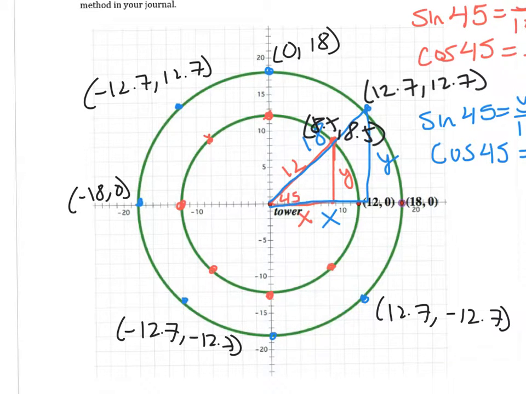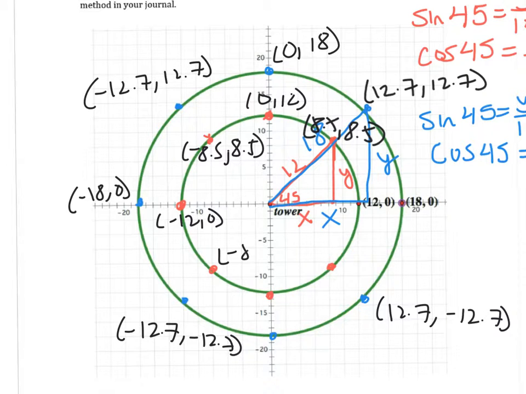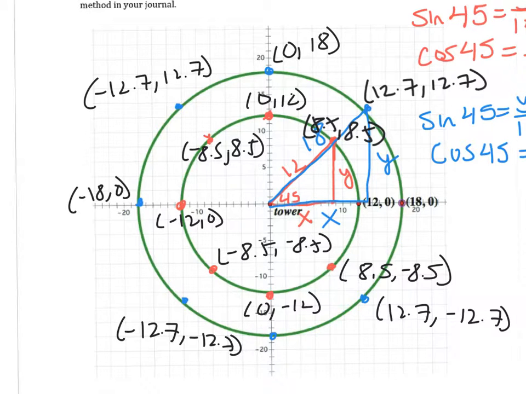The same goes for all the inner points with the smaller radius: (0, 12), (-8.5, 8.5), (-12, 0), both negatives, and just the y negative. And we're going to use all this information on the next page when we start to find the arc length to answer the rest of that question.